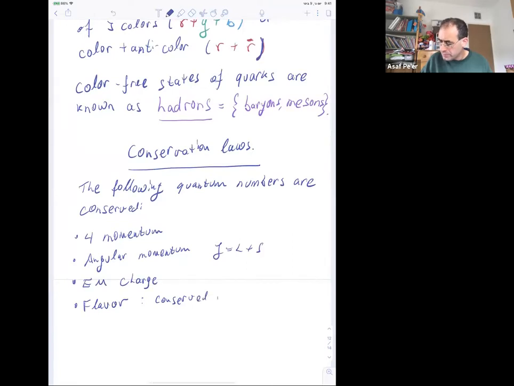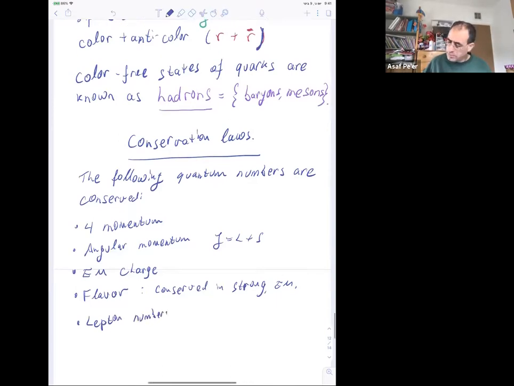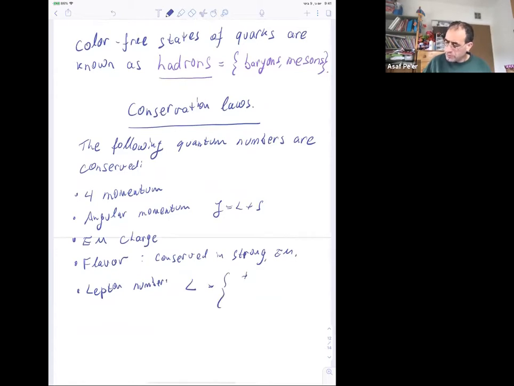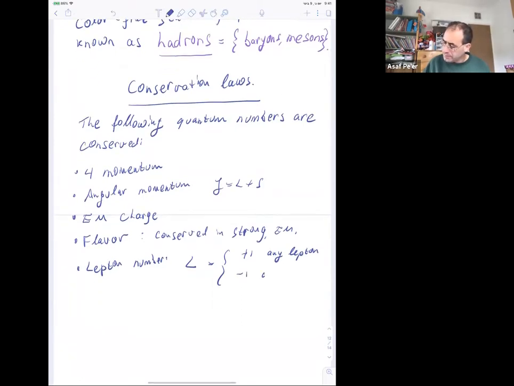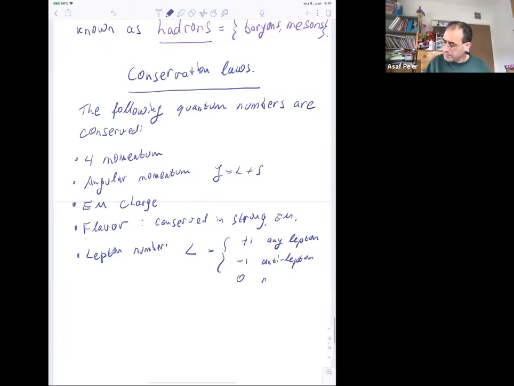So the only way to get rid of an electron is to annihilate it with an anti-electron, if you want to use the strong and electromagnetic interactions. And then we said there is a leptonic number, L, which is defined as +1 for any lepton, -1 for any anti-lepton, and 0 for any non-lepton.